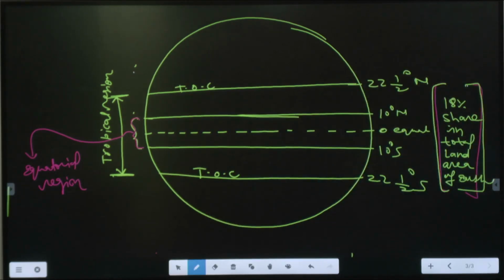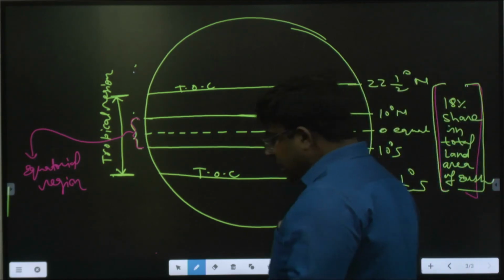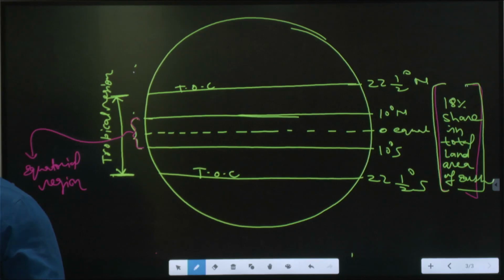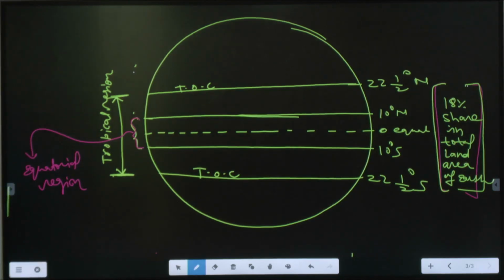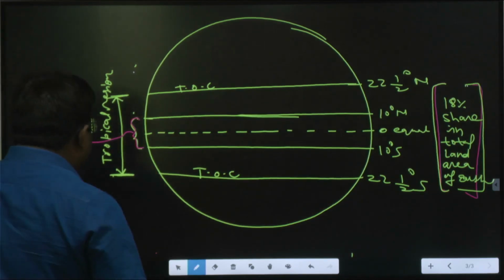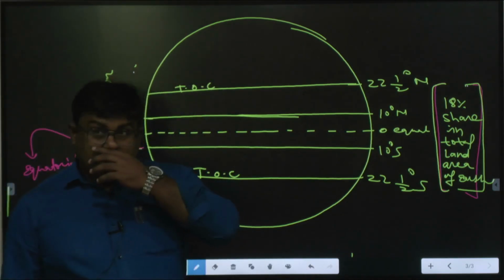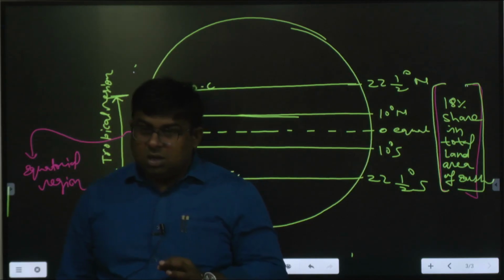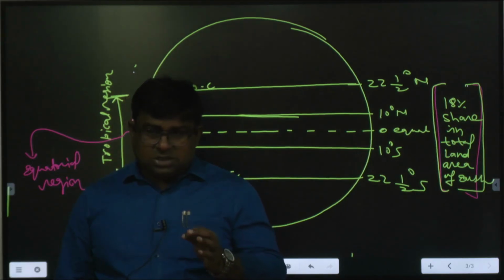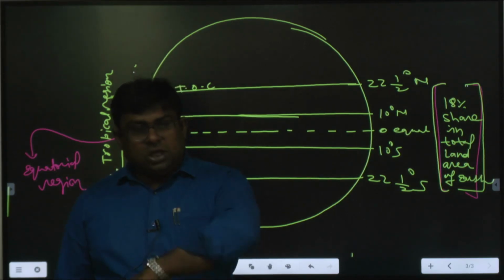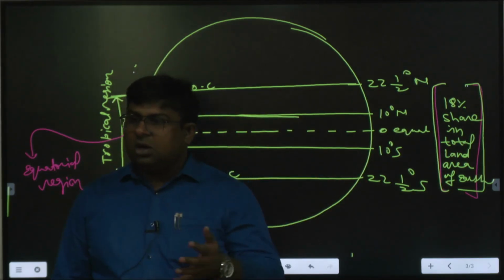But if you look at the level of biodiversity concentrated within this tropical region, data says that this tropical region actually holds a 2/3 share of the total known biodiversity of Earth. Now you should not write it down, just listen to me first. 2/3 means 66%.